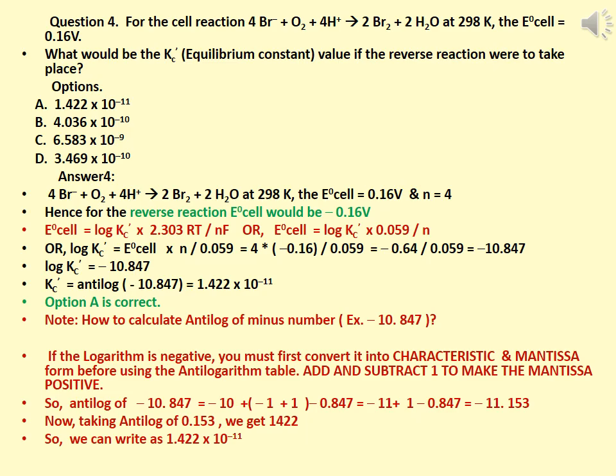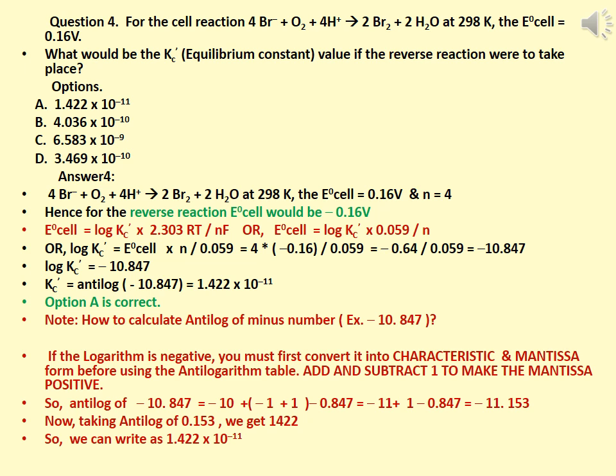Question number 4. For the cell reaction 4Br- + O2 + 4H+ giving 2Br2 + 2H2O at 298 Kelvin, the E0 cell is equal to plus 0.16 volt.